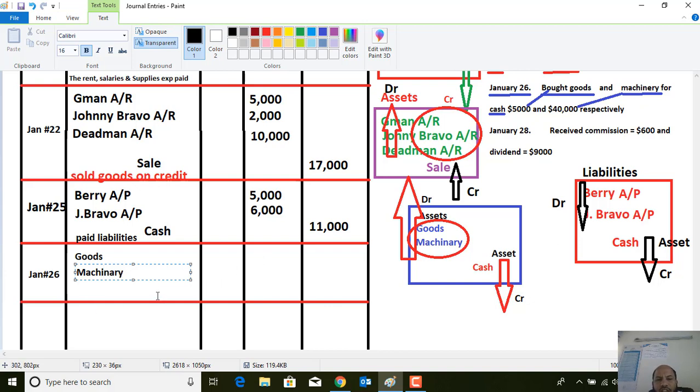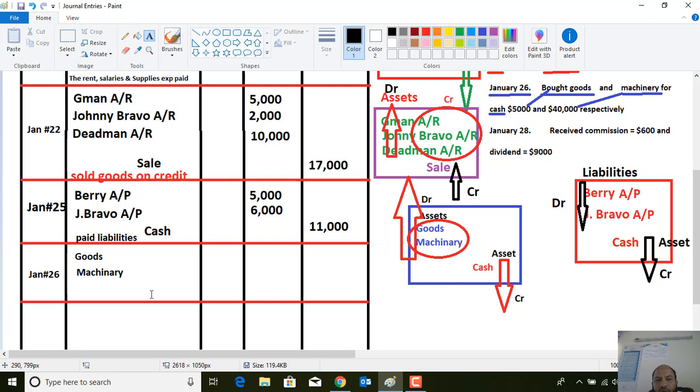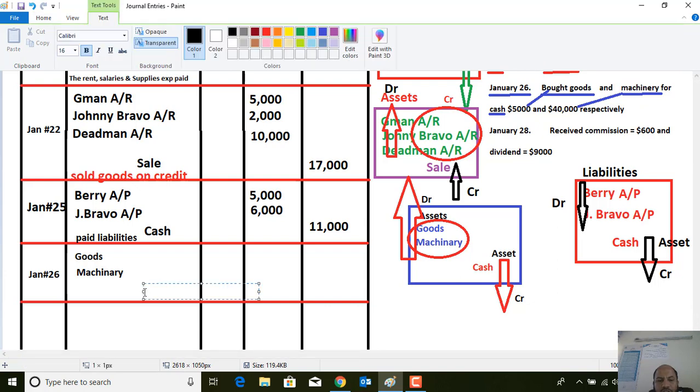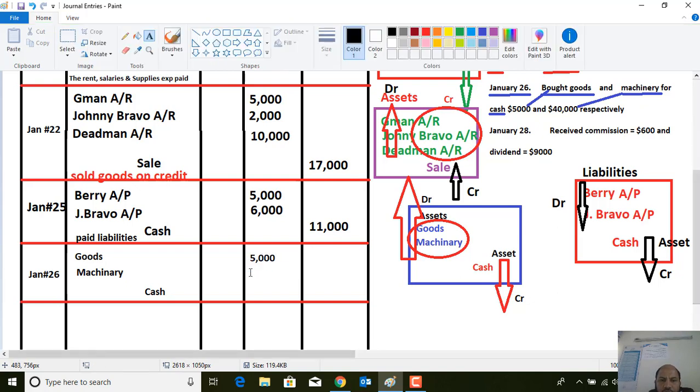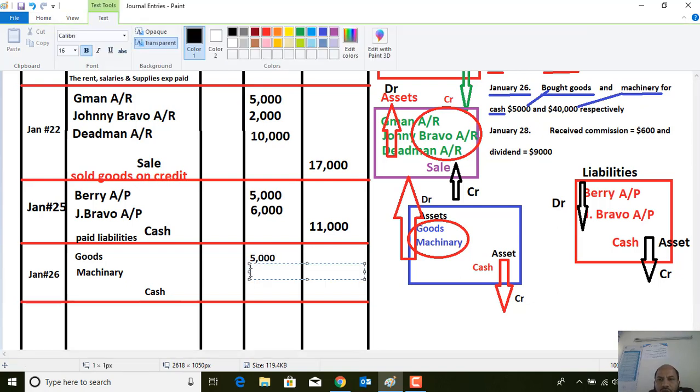So these two have increased, but what has decreased? The cash of the business has decreased. So the amount of the goods was equal to how many dollars? The amount of goods was equal to $5,000, but the amount of machinery was equal to $40,000.